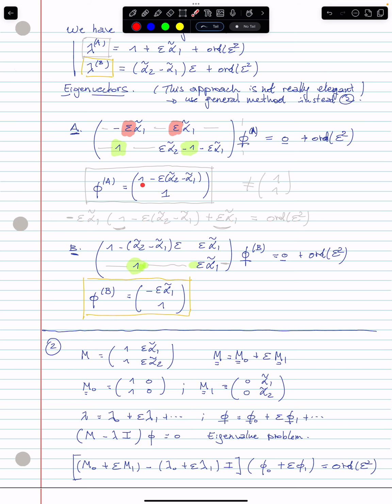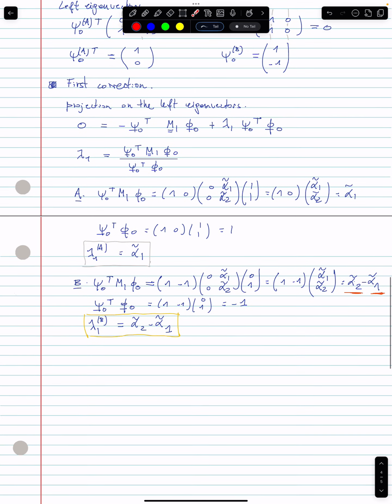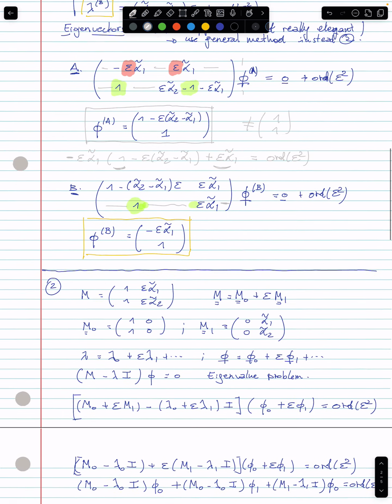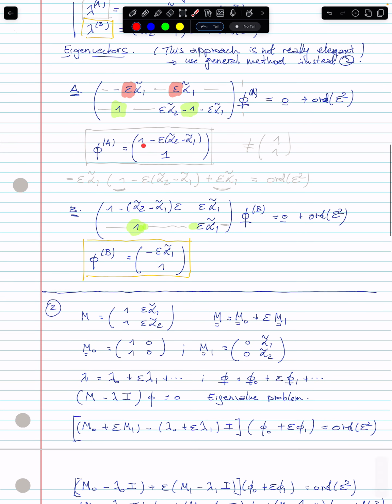So we found 1, 1 and we found 0, 1 for phi b. 1, 1 for A, and 0, 1 for B.